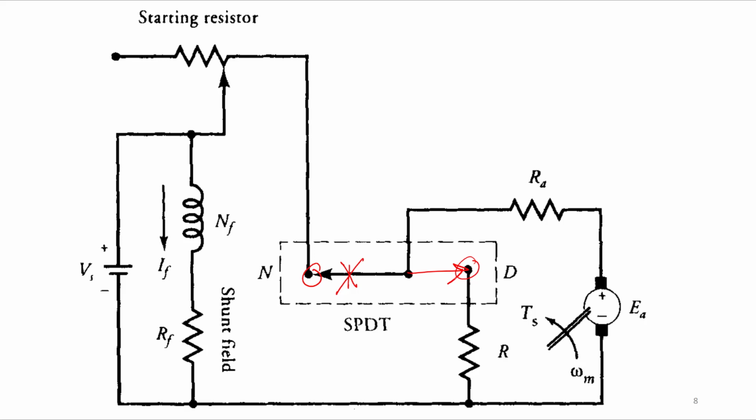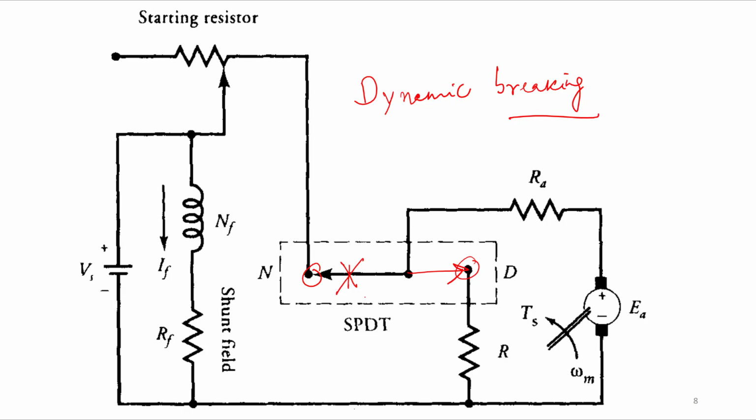Okay? Now in this connection we are not connecting to the supply again. Here what we are doing is disconnecting the supply. This is your dynamic braking, okay? We are disconnecting the whole supply system and connecting it to the resistor. So what will happen in this case?